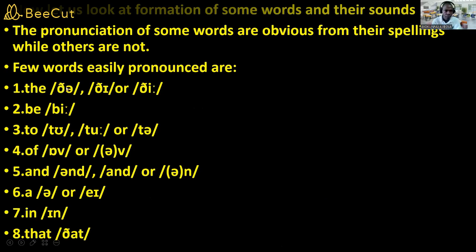You call it the, or you call it D. Then to, as in long two. Then half, those are the transcriptions there. Then we have can, like you're pronouncing hand.